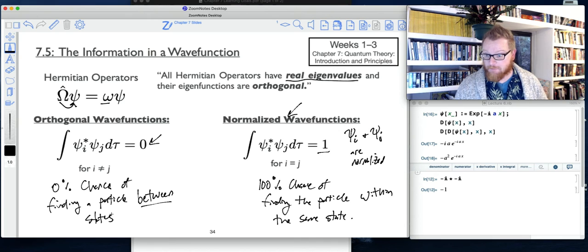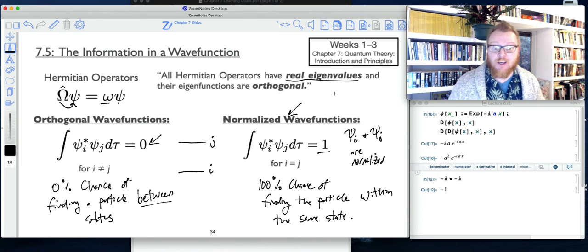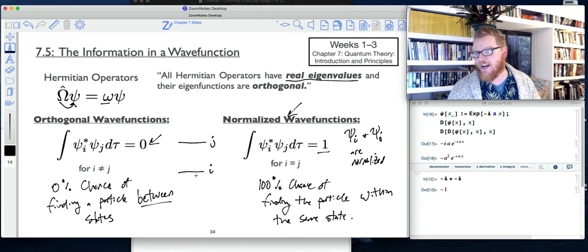In other words, if I have a ground state i, I'll represent this with our classic energy level diagram, and I have an excited state j, when the wave function is normalized, there's a 100% chance I find the particle in state i, or in the case that it's psi j, a 100% chance that I find the particle in state j.